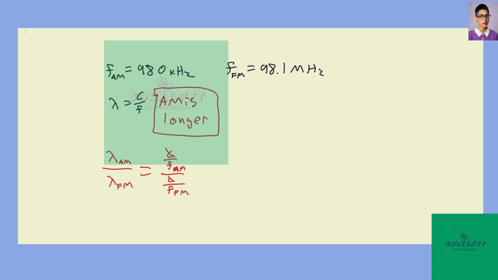The c's cancel, and you see that that ratio is f FM divided by f AM. So you can just plug in those numbers we already have. And since they are very near to each other, they're just off by orders of magnitude, the answer is actually a nice round 100, and that is good to two significant figures.